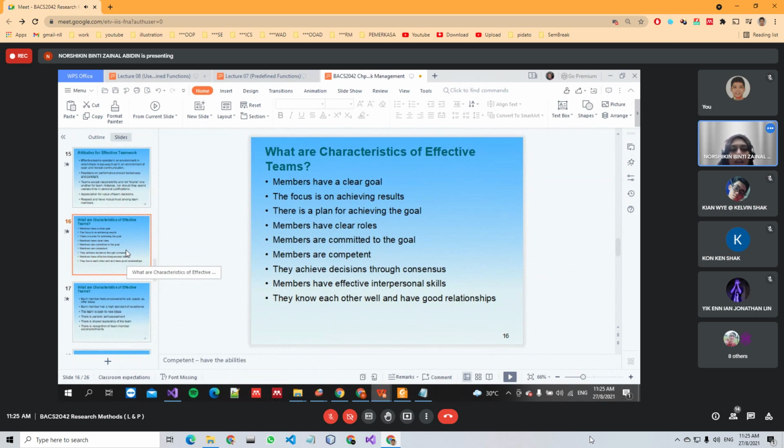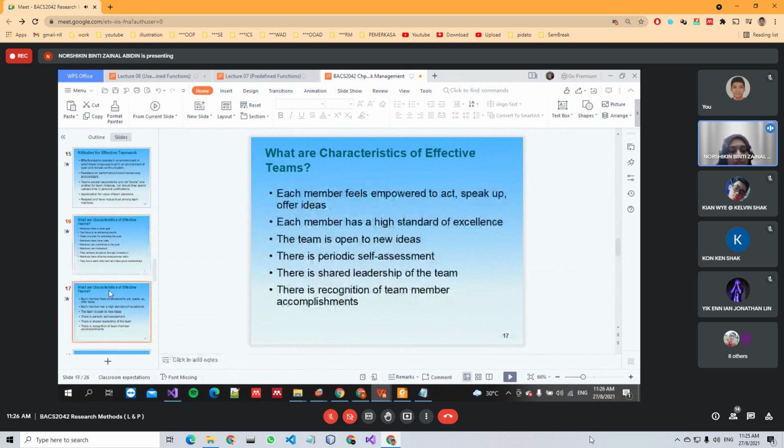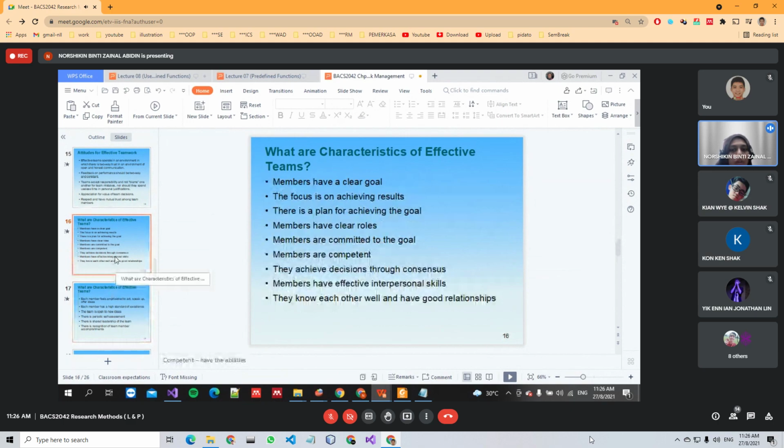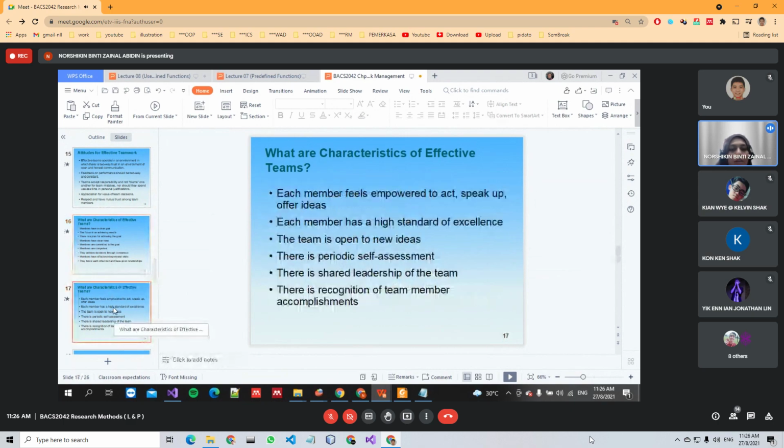When they are giving an opinion, try to listen and try to understand their concern. So these three things conclude it. What you need to remember when working in a team is to accept others' opinions.